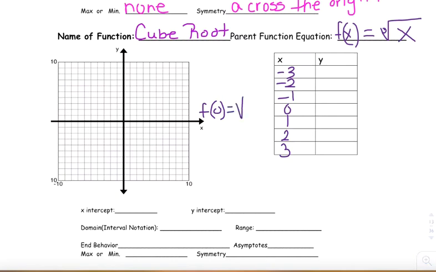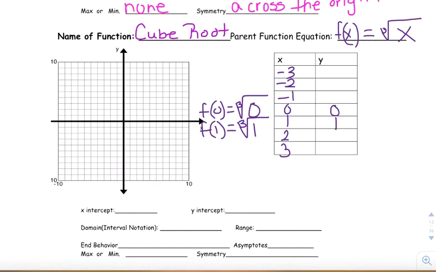When I take the cube root of 0, unlike a square where it asks what times itself, it's what 3 times gives me 0. Well, 0 times 0 times 0. So this is 0. Let's try 1. Well, 1 times 1 times 1 is 1, so 1 again.